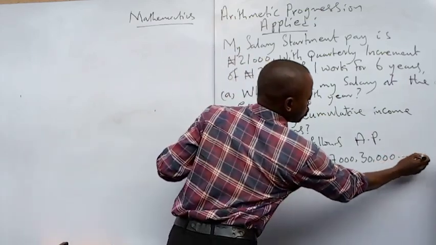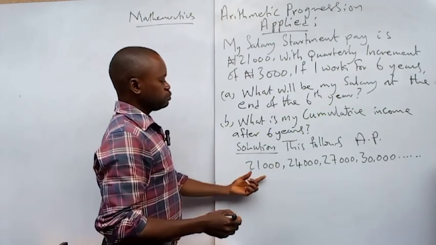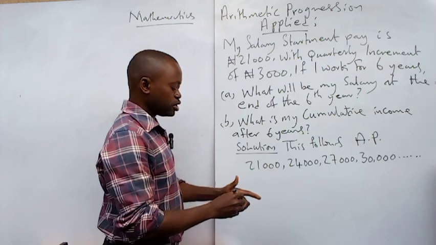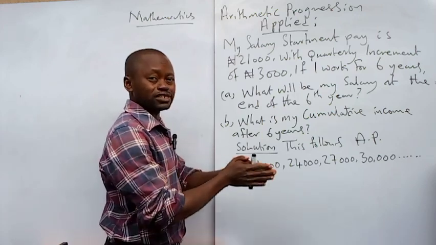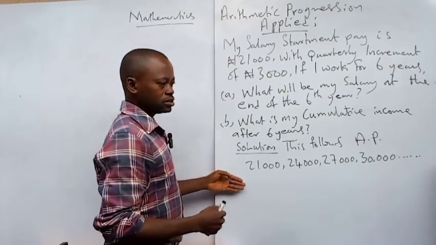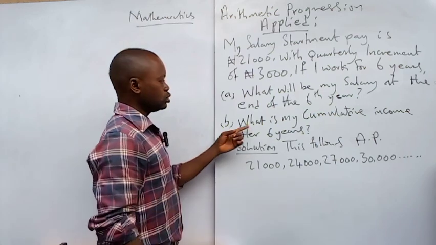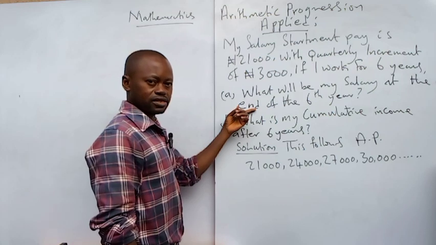You see, this is a progression. It will continue in that order. So this person's income follows an arithmetic progression, because the increase is by addition of a constant term, as we explained in AP. Now, how can we know what this person will be receiving after 6 years?